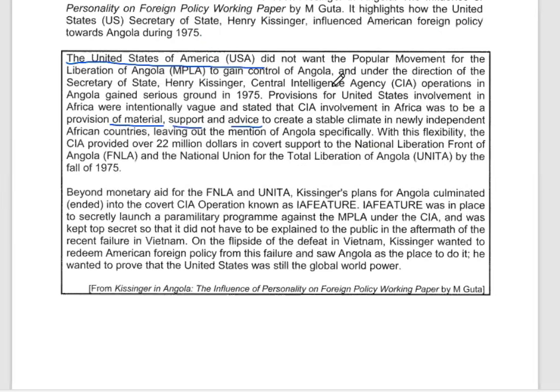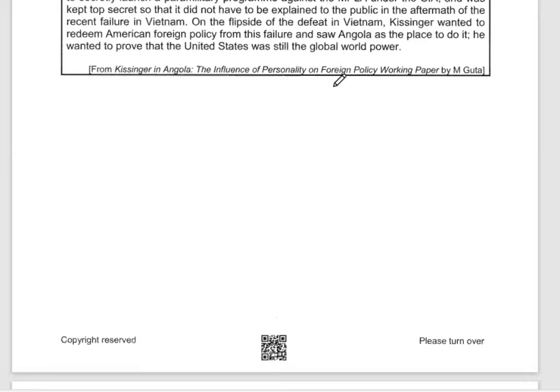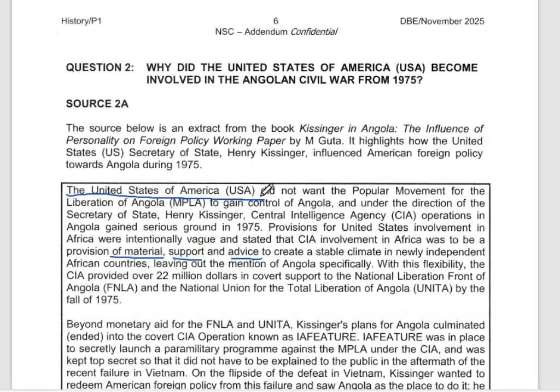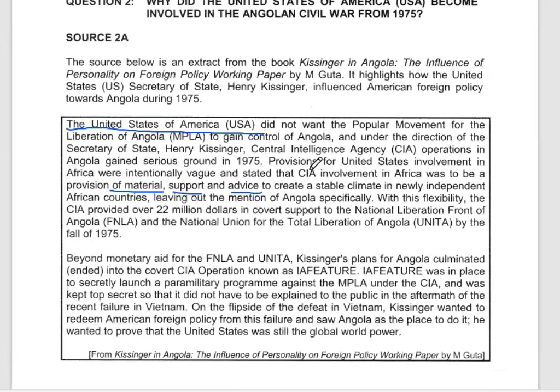Right. So what can we say with regard to limitation of this particular source here? If we check this source, it says the source is an extract from the book Kissinger in Angola, Influence of Personality on Foreign Policy, working paper by M. Guter.